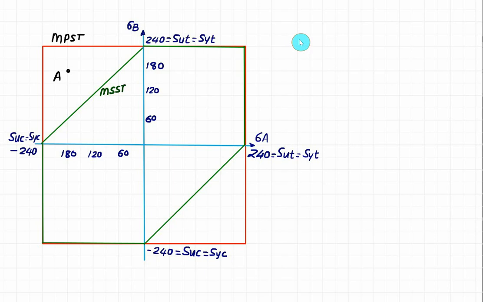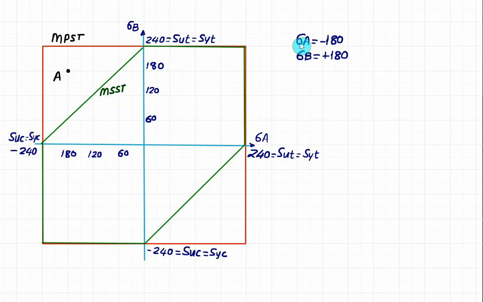We are given SYT equal to SUT equal to 240 and SUC equal to SYC equal to 240. We just want to compare that at point A, the part will be okay according to MPST but will fail according to MSST.